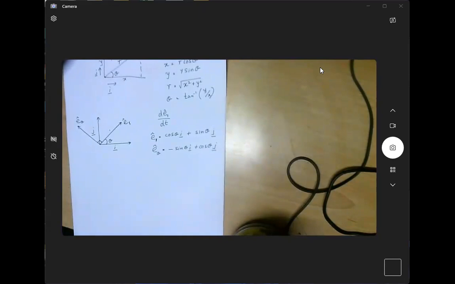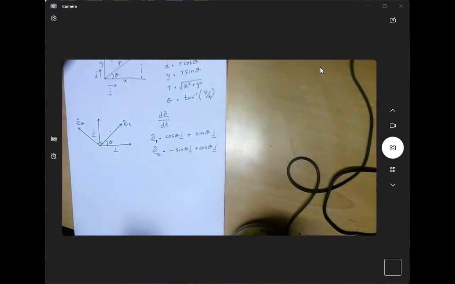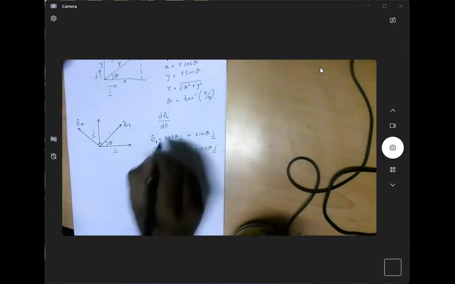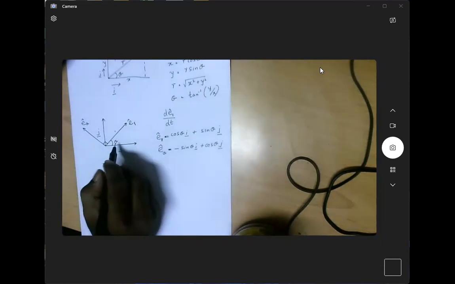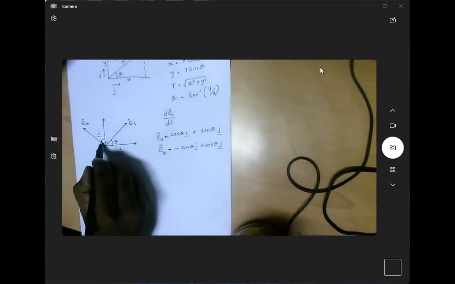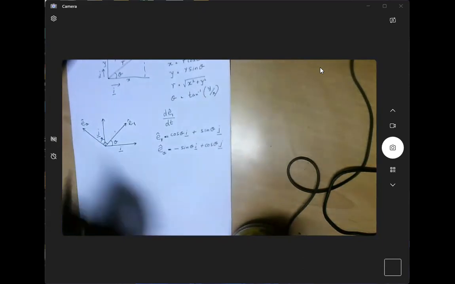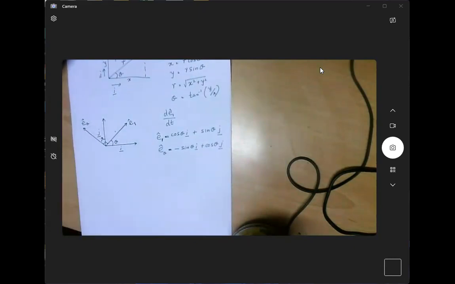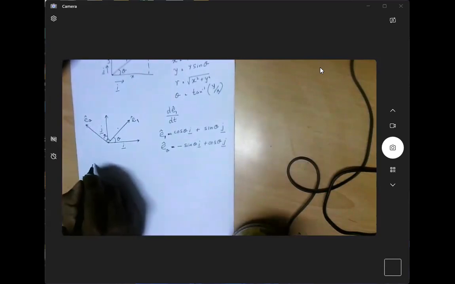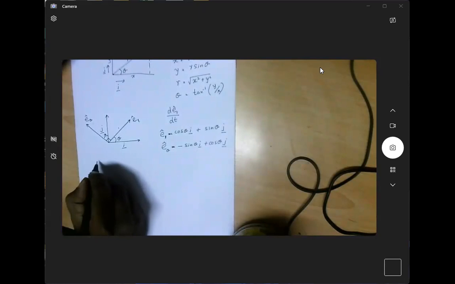Are they correct? This angle is theta, so this is cos theta and this one is sin theta. Now we can do the differentiation with respect to time.